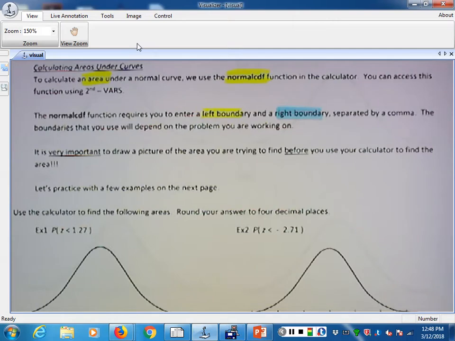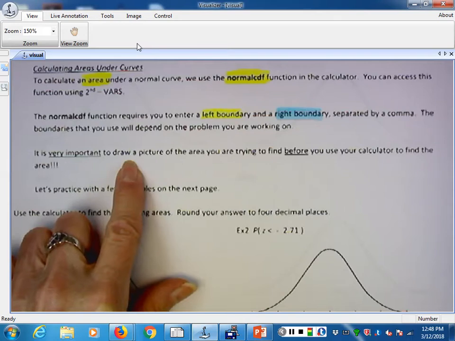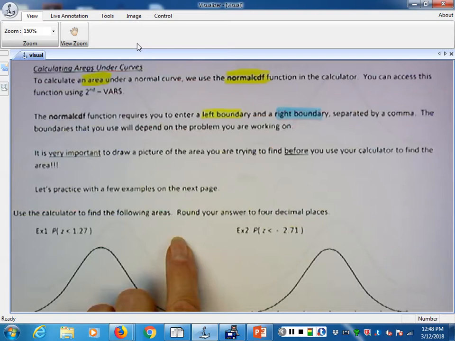Keep in mind, it's very important to draw a picture of the area that you're trying to find before you use your calculator. Do not memorize some way to enter it into your calculator so that you can skip drawing the picture. Because what happens when you do that is that you do it wrong. Because there is no process to memorize.